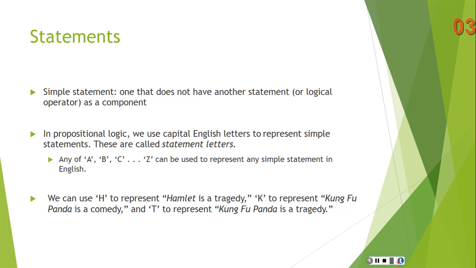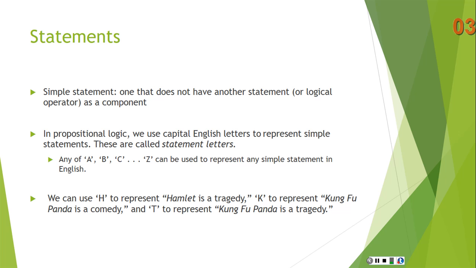In propositional logic, we use English capital letters to represent simple statements, and we call these statement letters. Any of A, B, C, D, all the way through Z, as long as they're capital letters, can be used to represent any simple statement in English. So, we can use the letter H, as long as it's capital, to represent Hamlet is a tragedy.